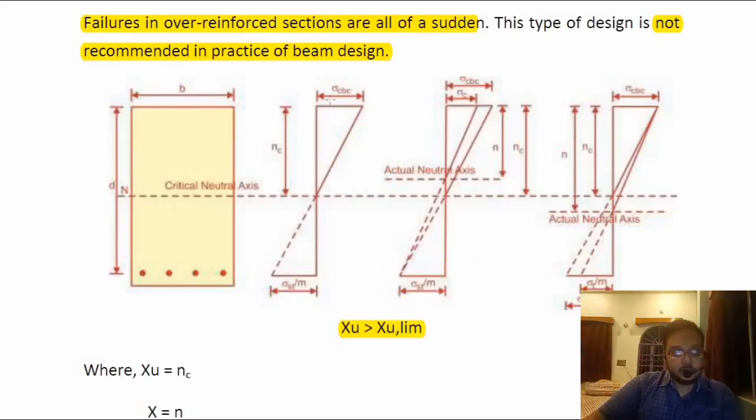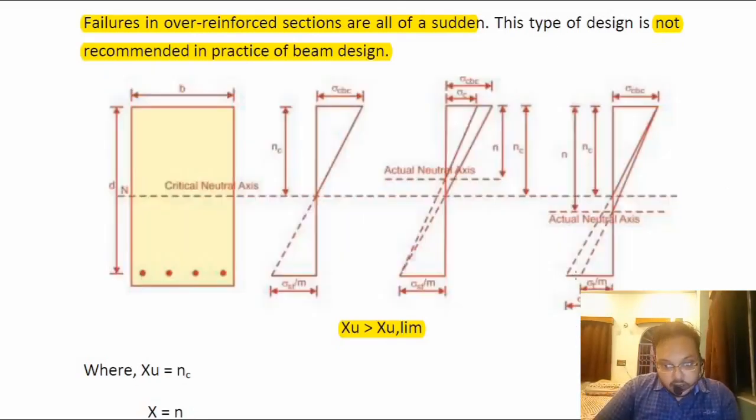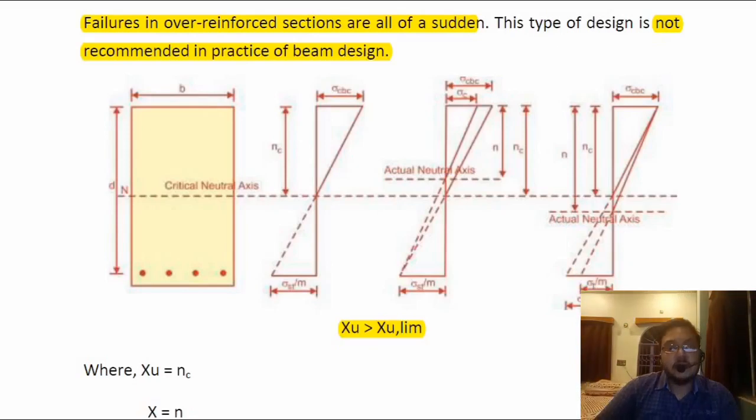In this diagram, sigma CBC is the stress at which the concrete section will fail. For the steel, whenever it yields, that value is sigma ST upon M, but our provided steel will get a strain somewhat lesser than what we expect.